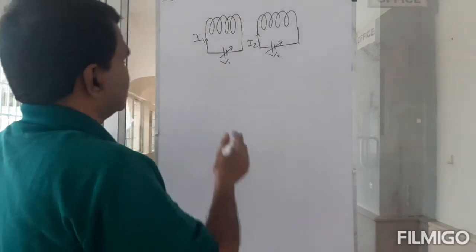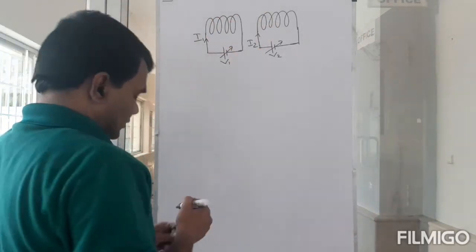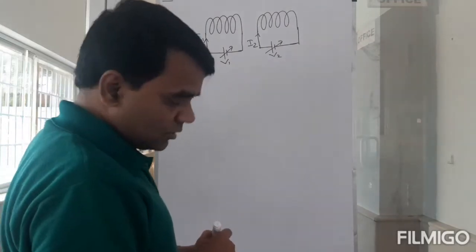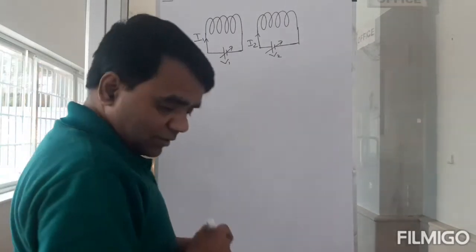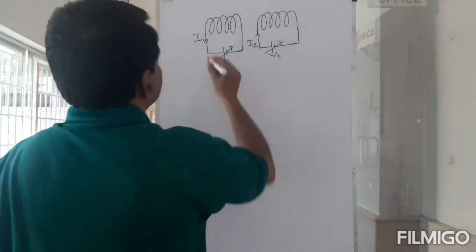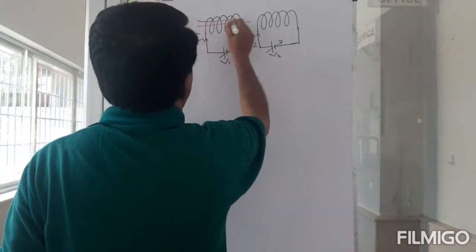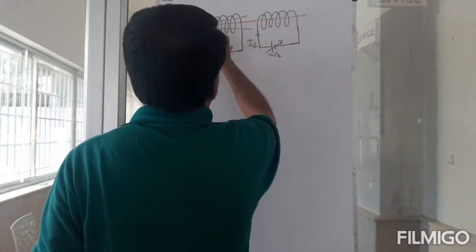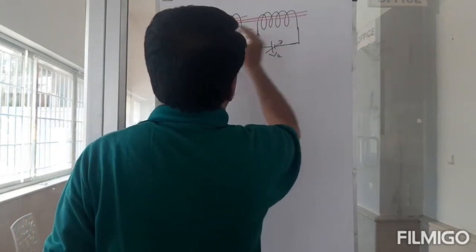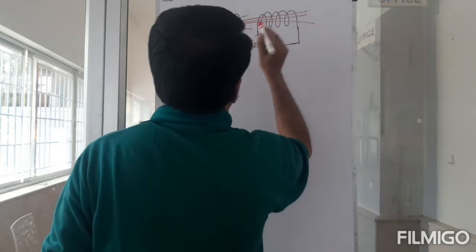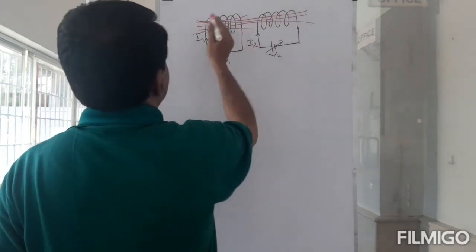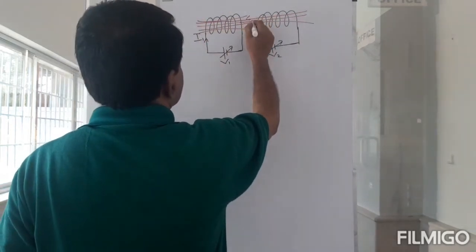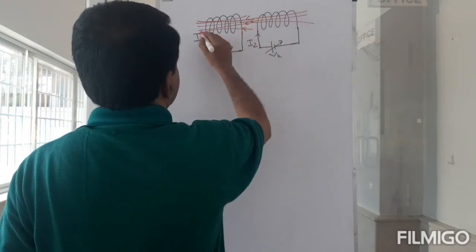So what is going to happen is that this will set up a field. Yes, this is what we saw. So this will set up a field, and I'll use this color for the field. So that will go here too, something like this. So the field direction would be this, as we saw.